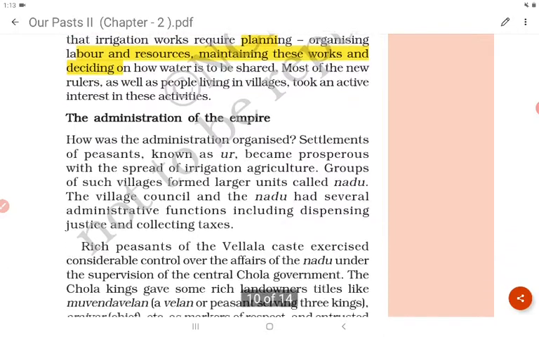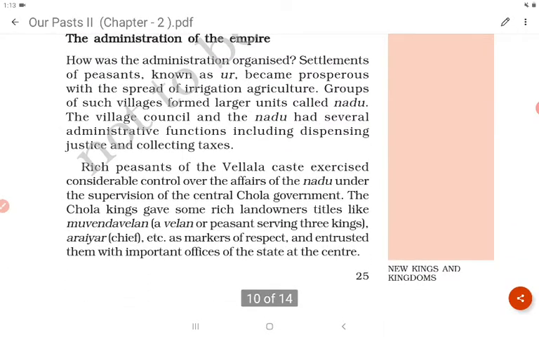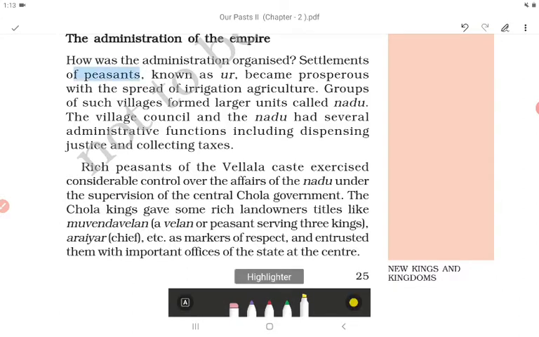The administration of the empire. How was the administration organized? Settlements of peasants, known as ur, became prosperous with the spread of irrigation agriculture. Groups of such villages formed large units called Nadu.